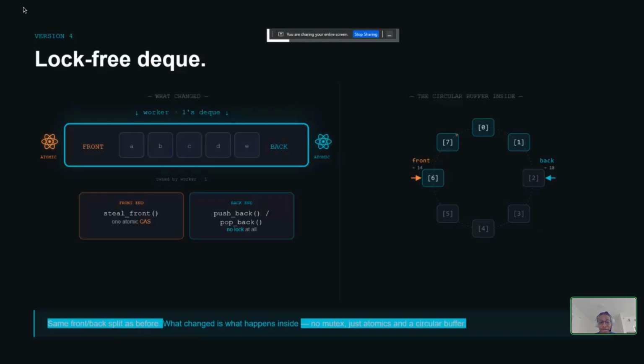But in this DQ, it's different, because remember, we have thieves stealing from the front and the owner working from the back. So the owner might want to push and see that at the back there's no longer space, and then allocate more space. But that's a lie, because these guys in front are taking stuff. What if they've taken about 5 elements and there are five free spaces for the owner to push something?